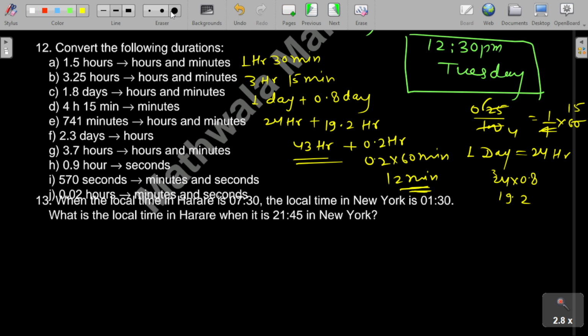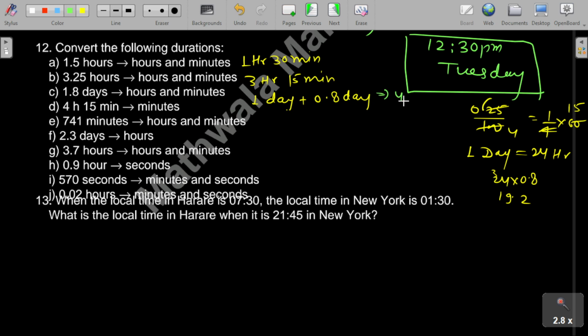We can write 43 hours 12 minutes. This is the correct answer. Now 4 hours 15 minutes in minutes. 4 hours plus 15 minutes.